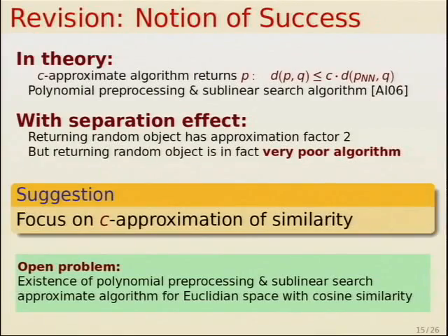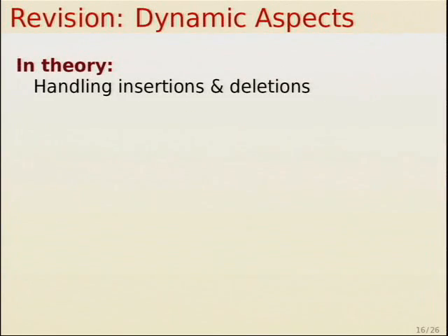So polynomial preprocessing and sublinear search for an approximate algorithm for Euclidean space and cosine similarity is an open problem. It is done for Euclidean distance. For Euclidean space, we can do sublinear search with a polynomial data structure, approximate algorithm. But here it's not clear whether we can or we cannot. So that's another open problem.